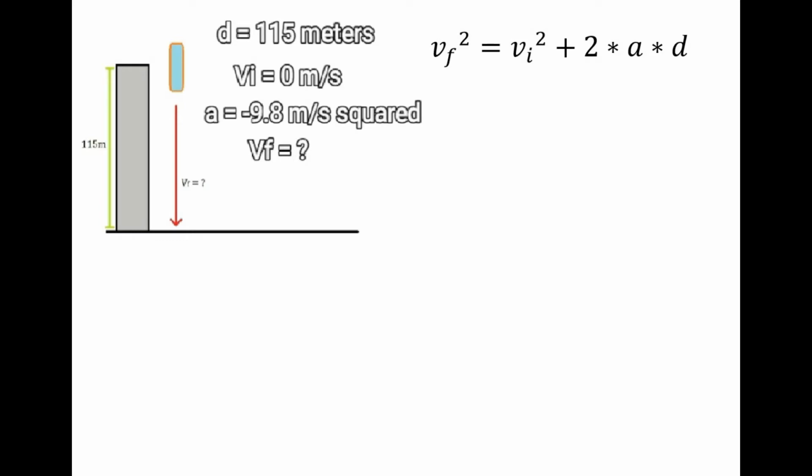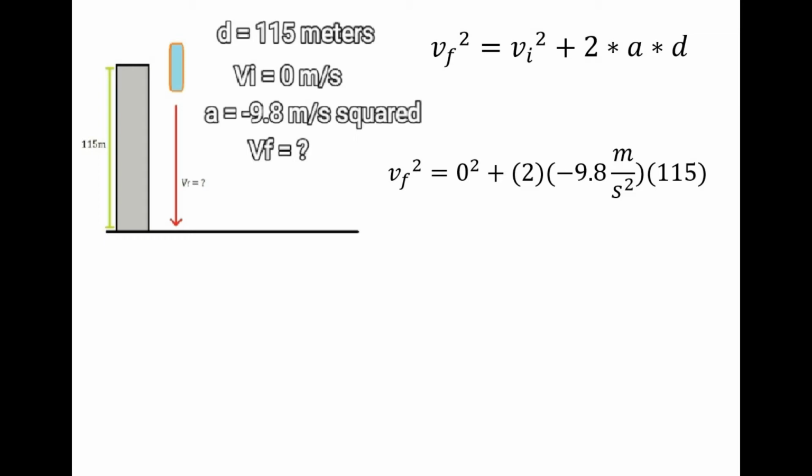Now we input the values that were given. First, initial velocity is 0, so it can be cancelled out. Then we have 2ad. Acceleration is negative 9.8 meters per second squared, and displacement is 115 meters.